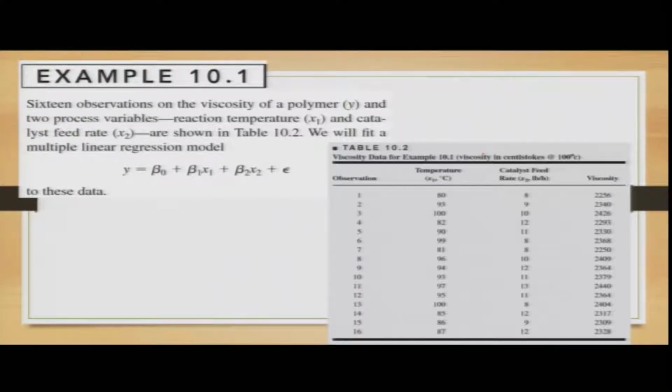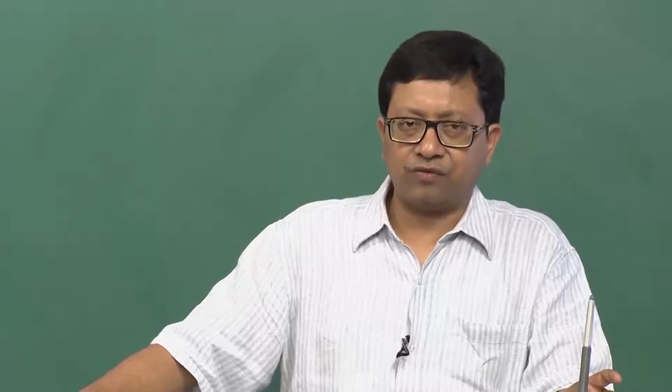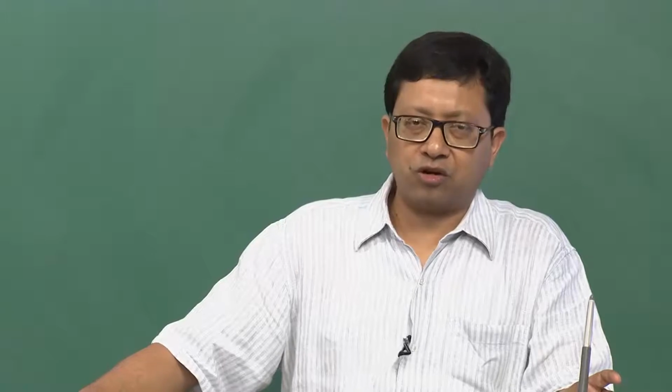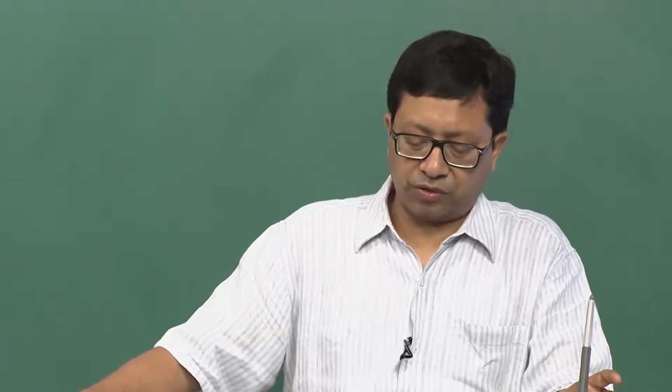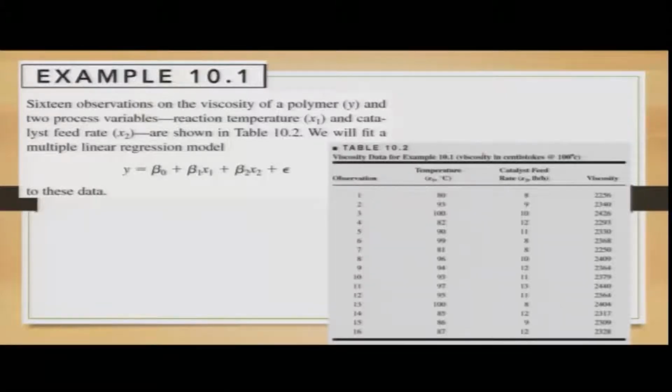The equation which we want to estimate is the multilinear regression of the form y is equal to beta naught plus beta 1 x1 plus beta 2 x2 plus epsilon, where y, I am again repeating, is the viscosity of the polymer, x1 is the reaction temperature, and x2 is the feed rate of the catalyst.